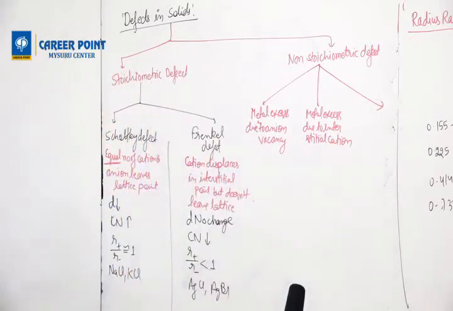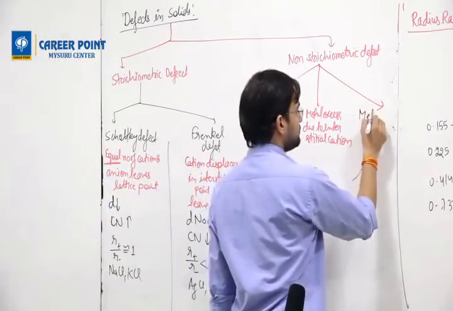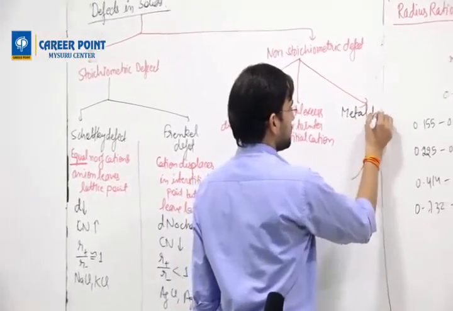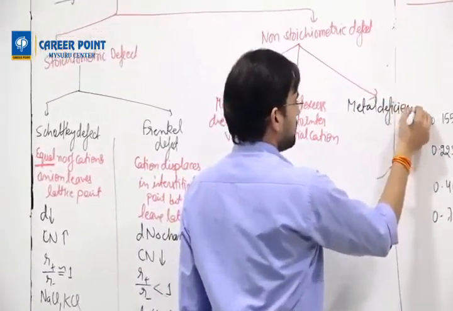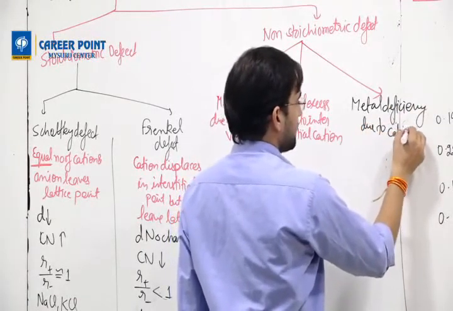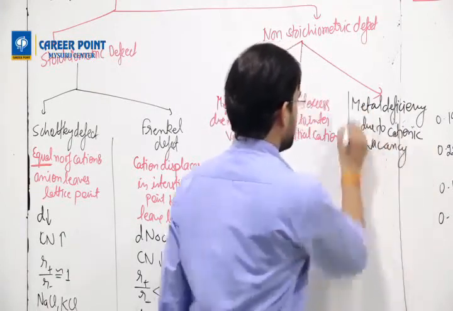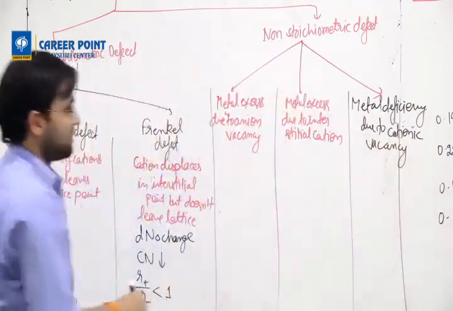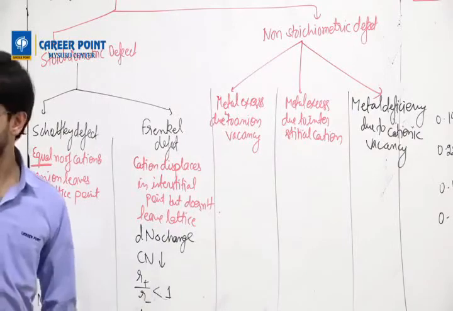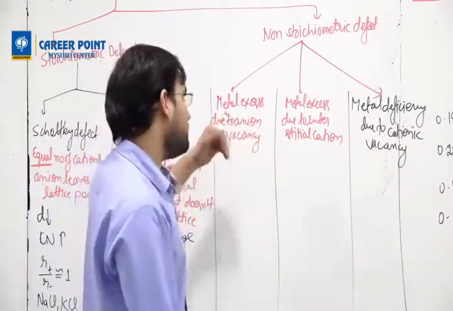And the last one is metal deficiency due to cationic vacancy. Okay. This is very easy. It is very explanatory with its name.